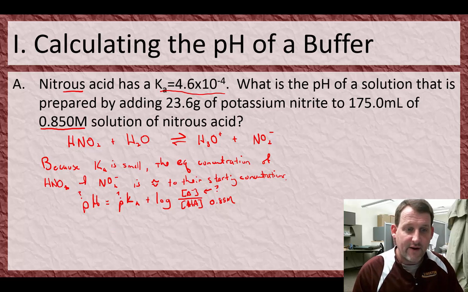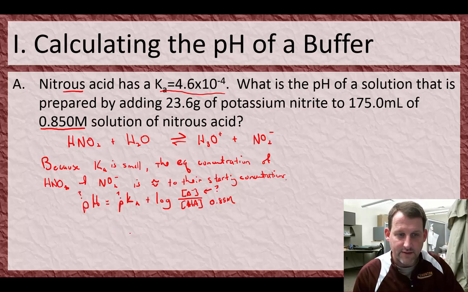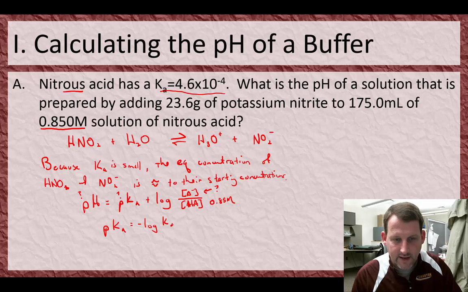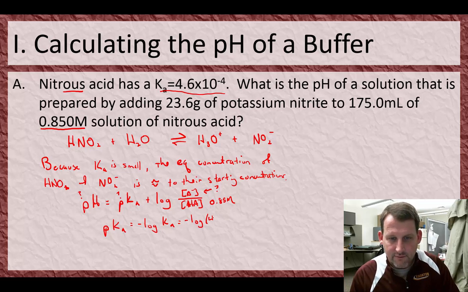So now we got to figure out this, and we got to figure out this. Let's do pKa first. It's pretty straightforward. The pKa is equal to the negative log of the Ka, which is equal to the negative log of 4.6 times 10 to the minus 4.